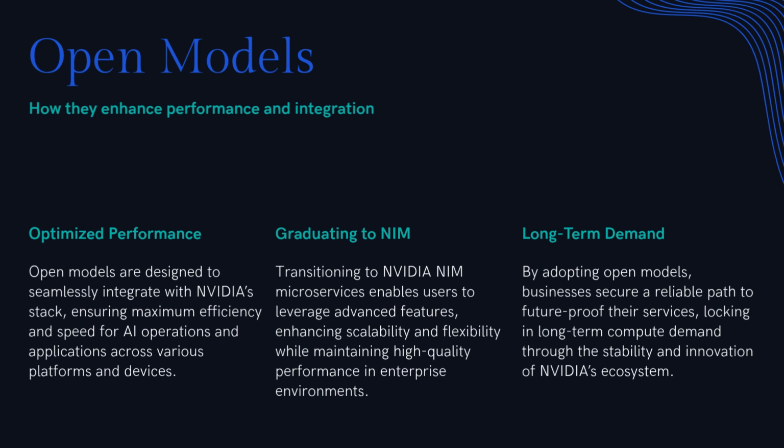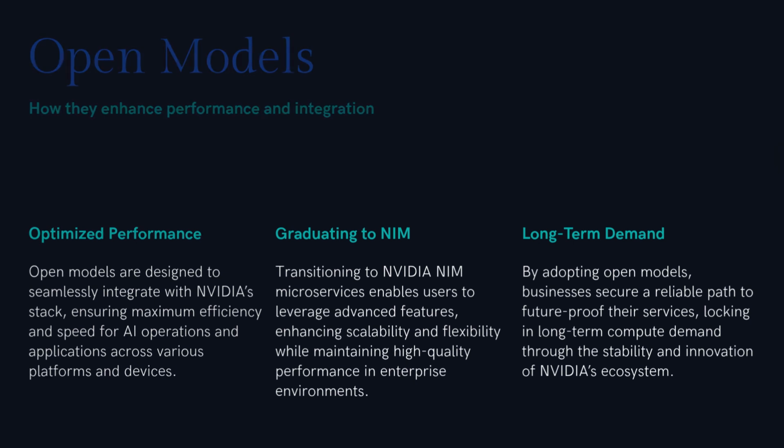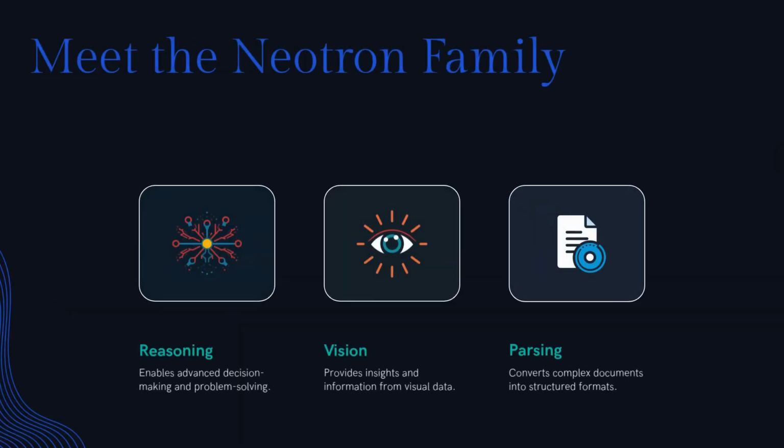Then, when that prototype works, when it needs to go into a real mission-critical production system where you need guarantees about uptime, security, support, then you move up? Then you naturally graduate to the NVIDIA NIM microservices, the supported, optimized, enterprise-ready versions. So the open model seeds the project, gets it going, and the enterprise service locks in the long-term compute demand. Clever. It's a well-established playbook.